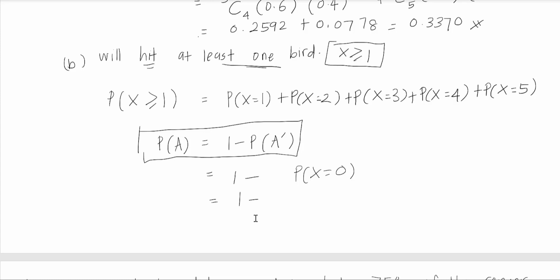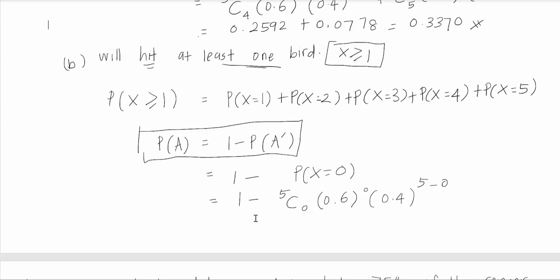So you have to calculate the probability when x equal to 0. You use the formula. Our n is 5, C, our x is equal to 0. Then we have p, 0.6, to the power x, which is still 0, and we have q, 0.4, then to the power n minus x, 5 minus 0.